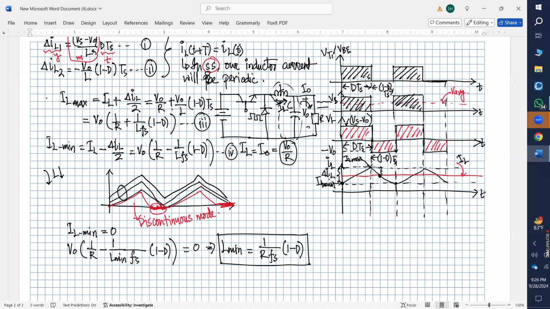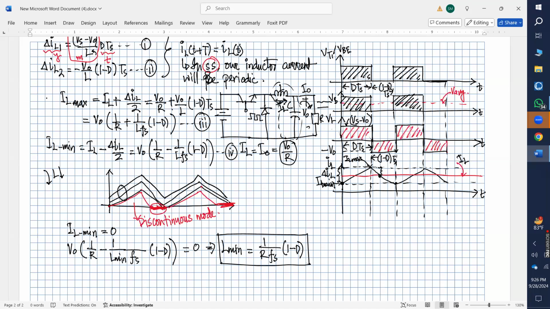If you put the inductor value less than that, then the current will enter into the discontinuous mode. So actually you have to put the inductance value higher than this L min value. You got my point?